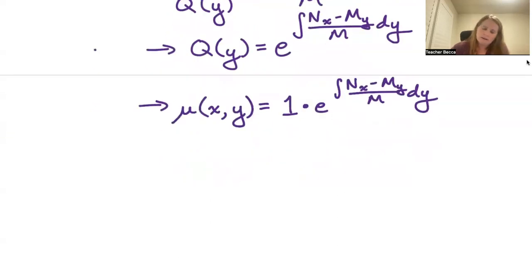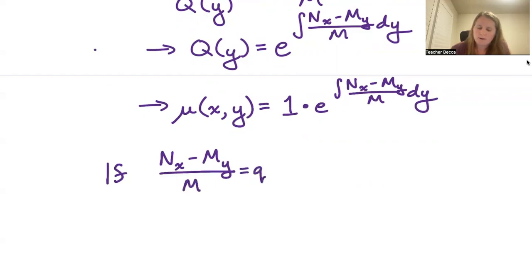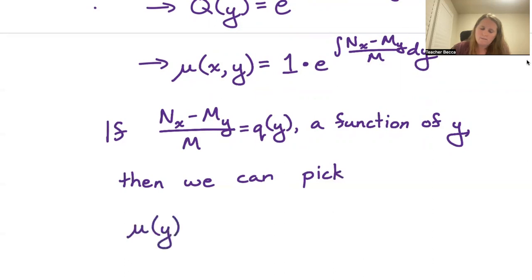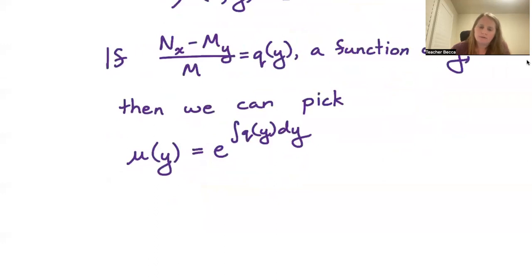So what we get here is if nx minus my over m is a function of y, so we'll write it as lowercase q of y, then we can pick mu of y equaling e to the integral of our lowercase q of y dy as our integrating factor.